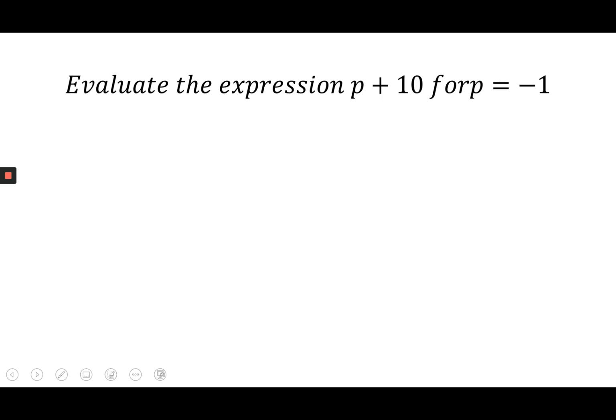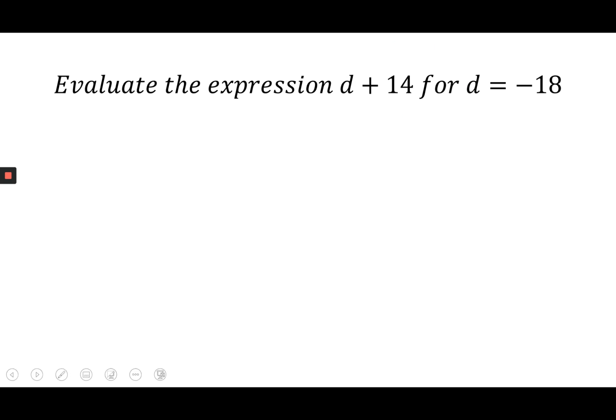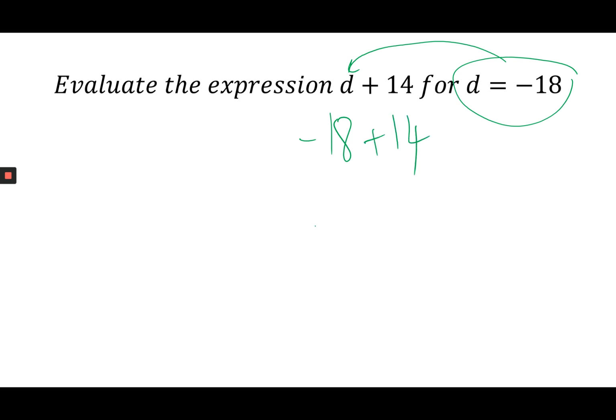Evaluate the expression p plus 10 for p equals negative 1. You need to plug it in here. Negative 1 plus 10 is 9. What is d plus 14? d is negative 18. Plug it in here. Negative 18 plus 14. Negative is bigger, that's why the answer is going to be negative. 18 minus 14 is 4.